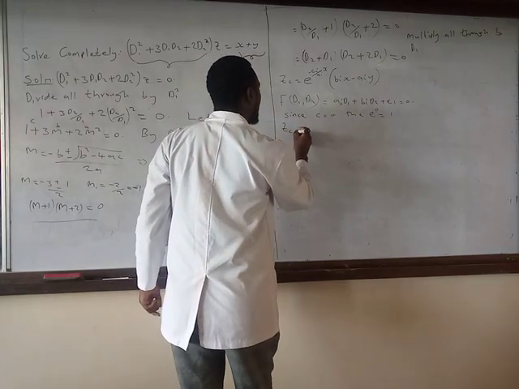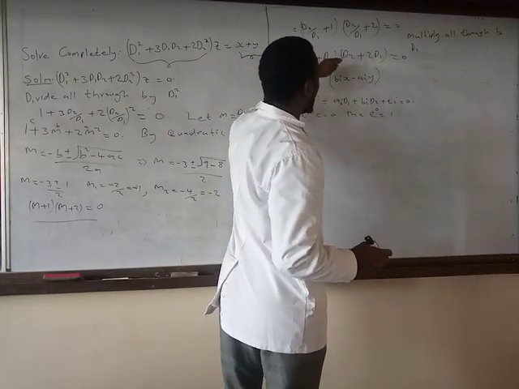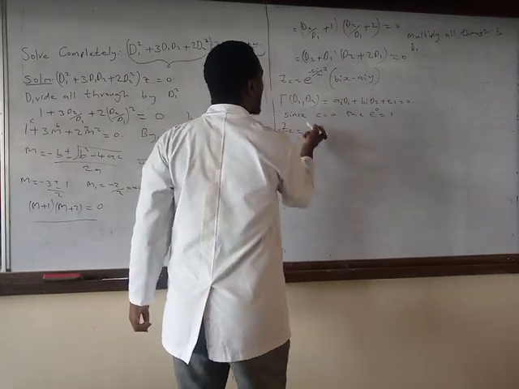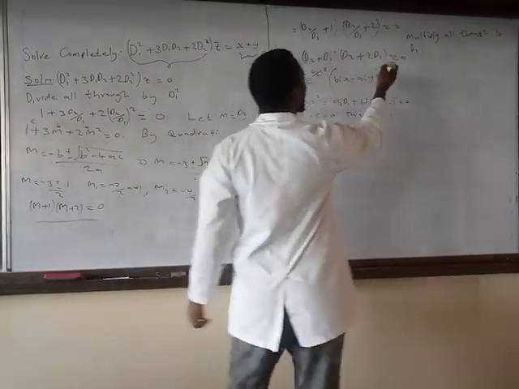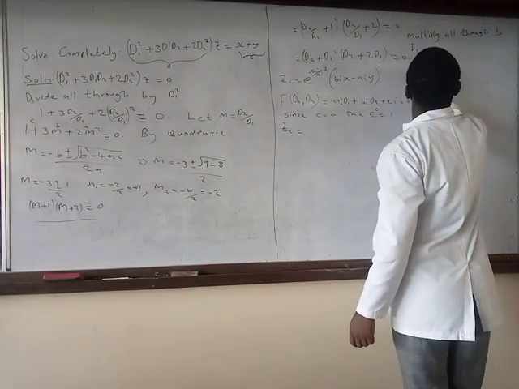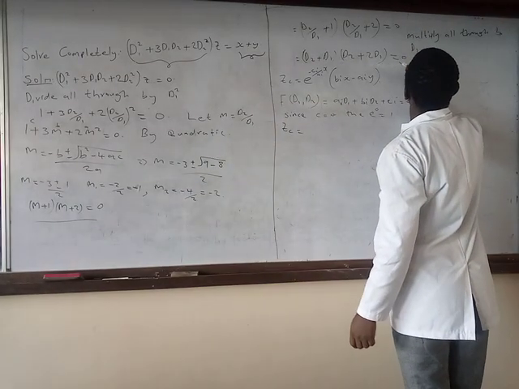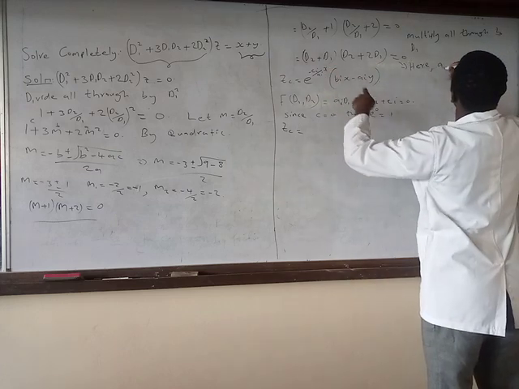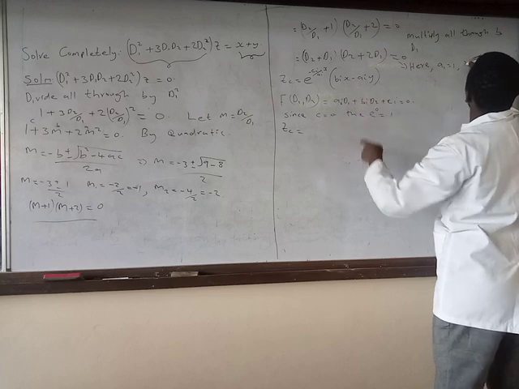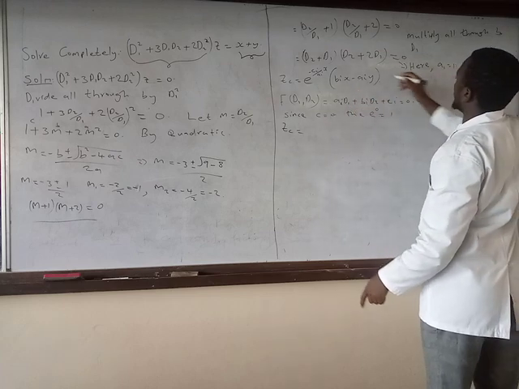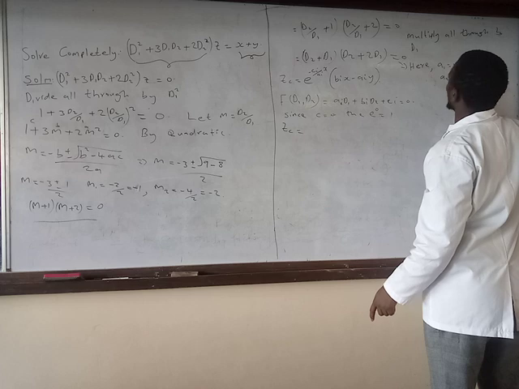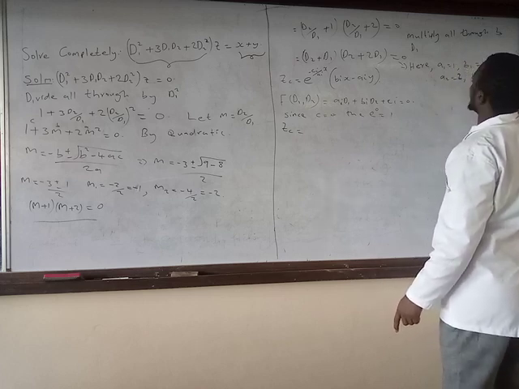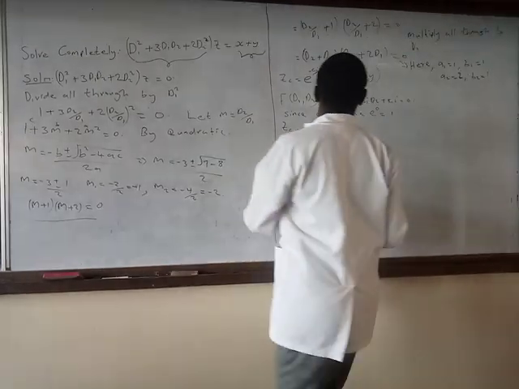So our ZC will be the remaining part. What is bi in this case? Here A1 is 1, B1 is 1, and here A2 is just 2, and B2 is just 1.